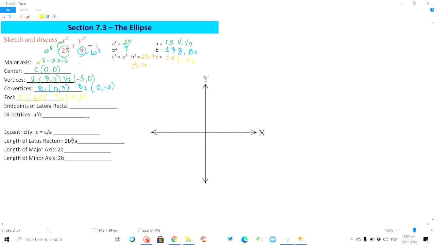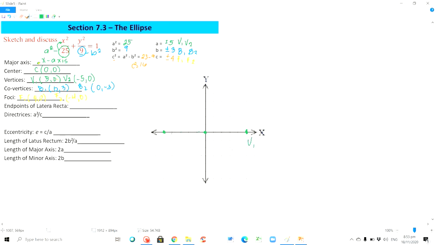Okay, let's plot these points first. The center is at 0, 0. And the value for V1 is 5 and 0. So, 1, 2, 3, 4, 5. And negative 5. 1, 2, 3, 4, 5.